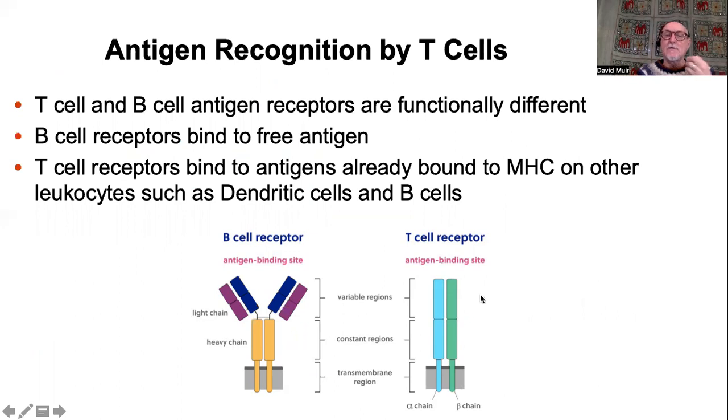They have to bind to antigen which is presented by one of those antigen presenting cells, presented to them by major histocompatibility complex. And they respond to antigen which is exposed to them by other leukocytes. T cells especially respond to the presence of antigen presented by those dendritic cells and also by the B cells. And we'll see how this all interacts next time.